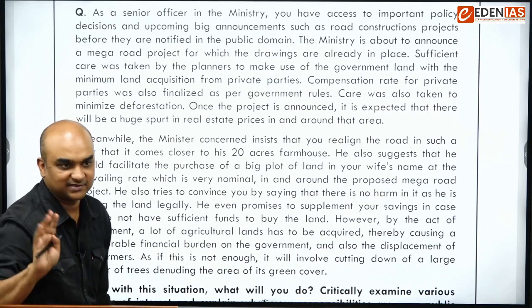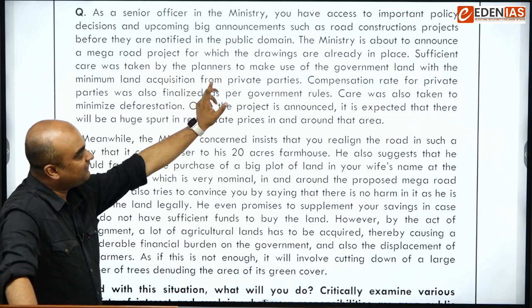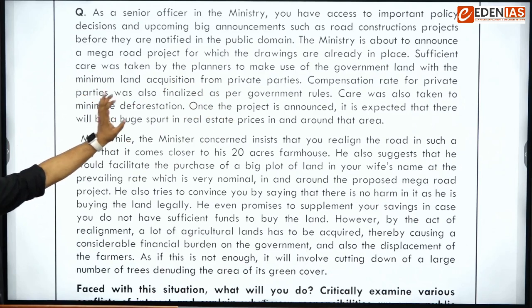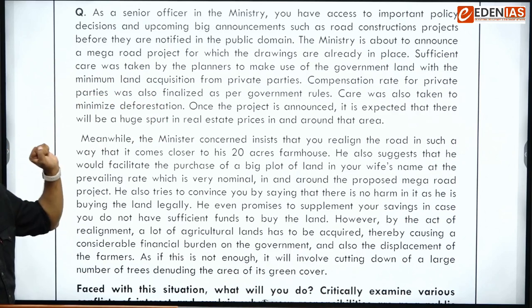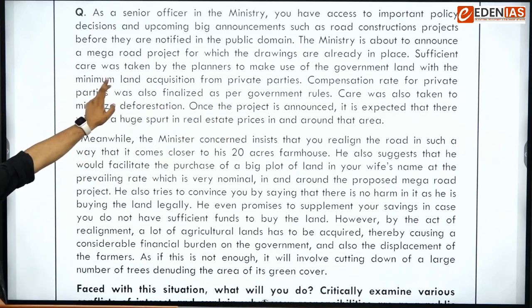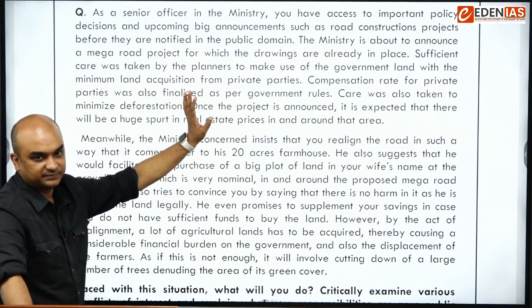You based case study. So as a senior officer in the ministry, you have access to important policy decisions and upcoming big announcements such as road construction projects before they are notified in the public domain. The ministry is about to announce a mega road project for which the drawings are already in place.